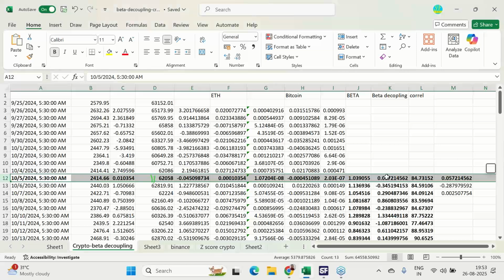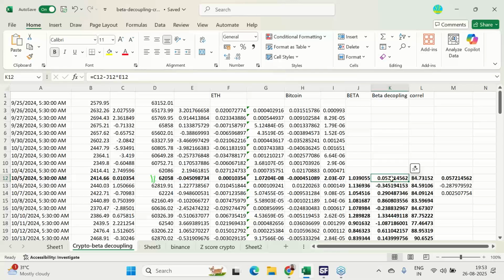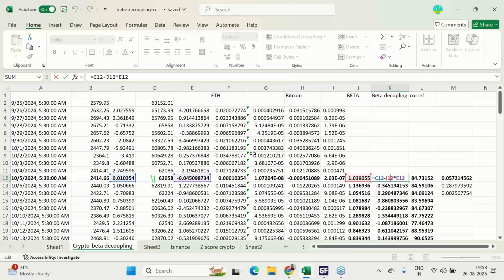So here we multiply with respect to the beta. What is the beta we are getting here? Here C is nothing but Ethereum. So Ethereum return minus the beta multiple times the Bitcoin's return, that is your beta decoupling.